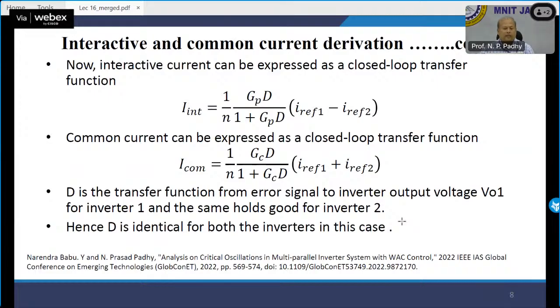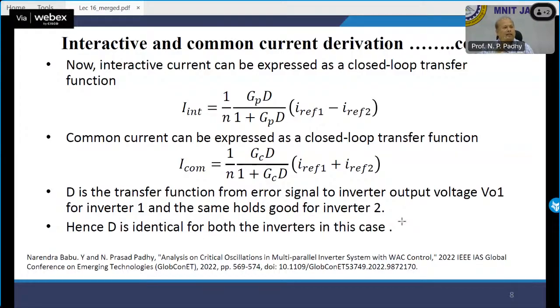Now, the interactive current can be expressed as a closed loop transfer function where I can say I int is equal to 1 upon N, GPD upon 1 plus GPD, multiplied by IREF1 minus IREF2. And the common current can be calculated as 1 upon N, GCD upon 1 plus GCD, multiplied by IREF1 plus IREF2. So indirectly what we are saying is that the interactive current and the common current can be calculated for a parallel inverter mechanism.